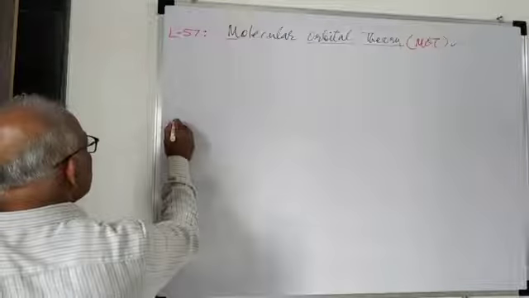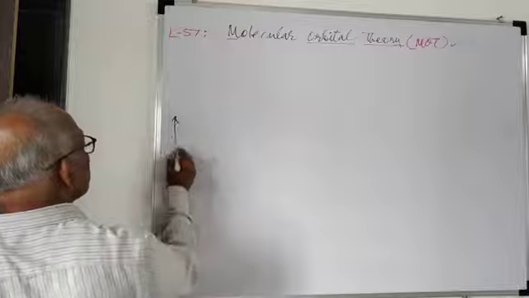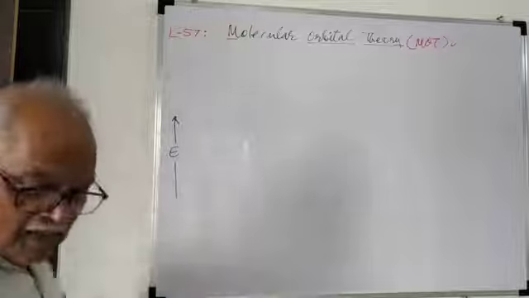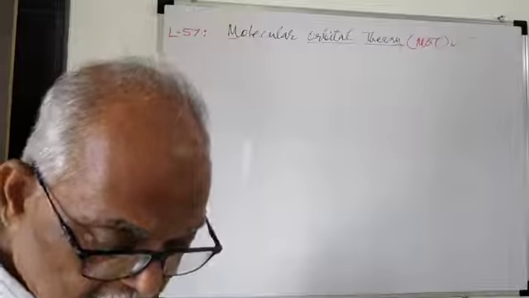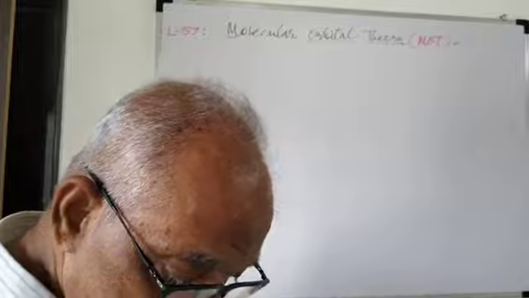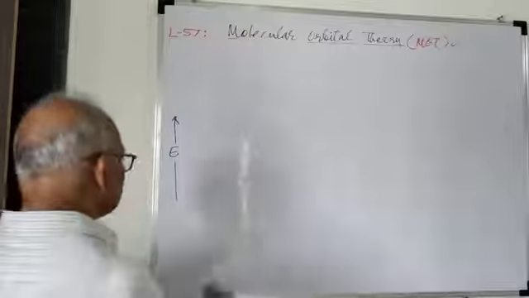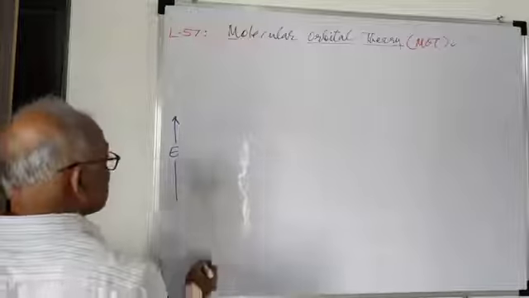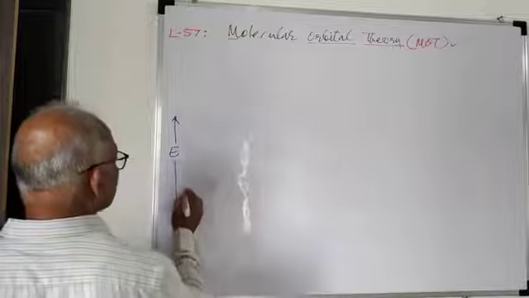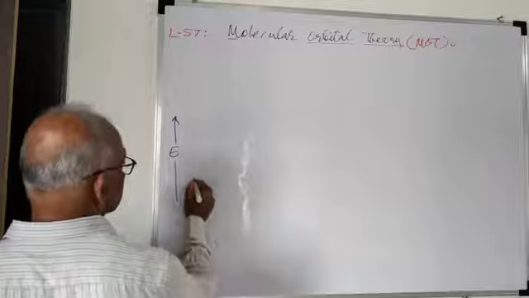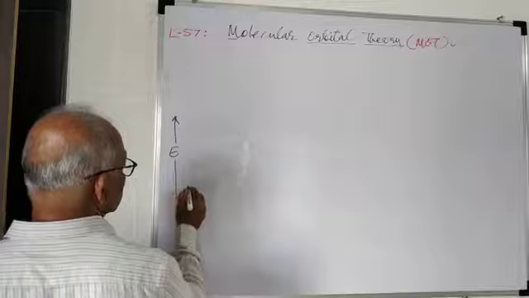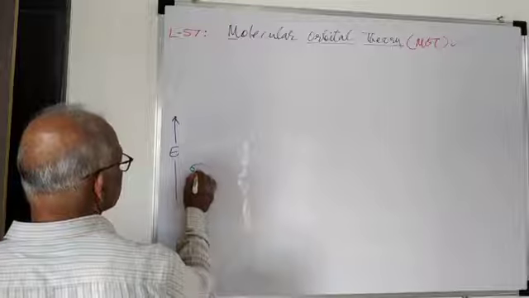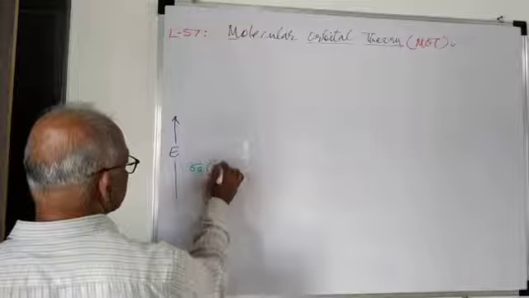Now this is the energy axis, and we will show the molecular orbitals which are present here. First of all, we will show this sigma g 2s.